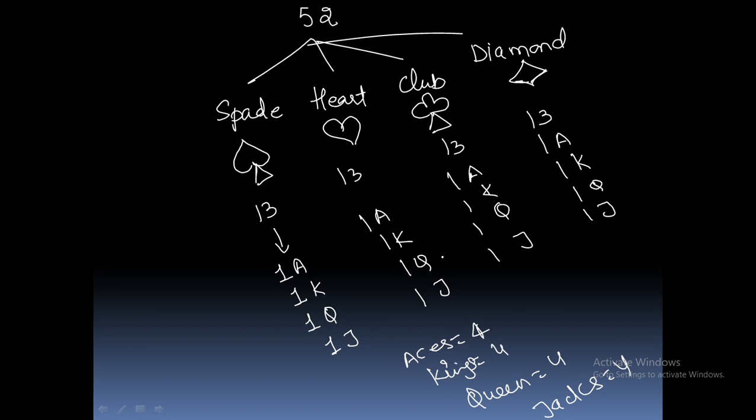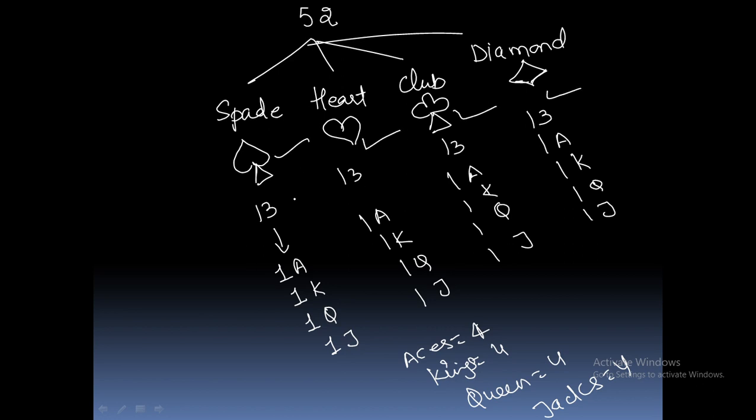Now you have to understand how the 52 cards in a deck are divided. There are 4 suits in a 52-card deck: spade, heart, club, and diamond. This is the symbol of spade, heart, club, and diamond.